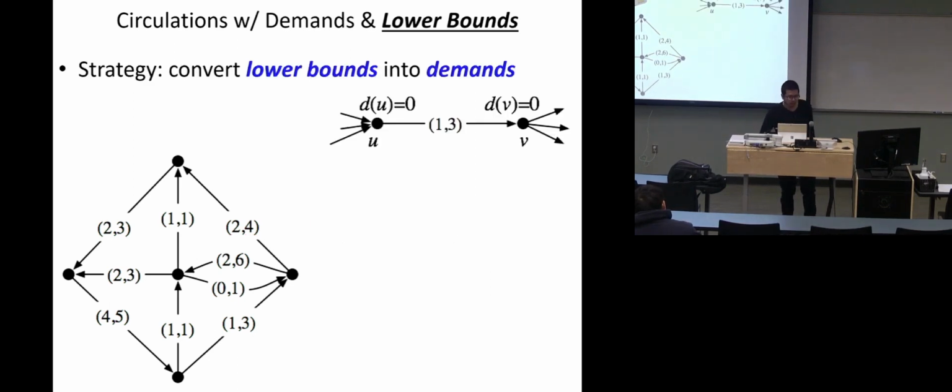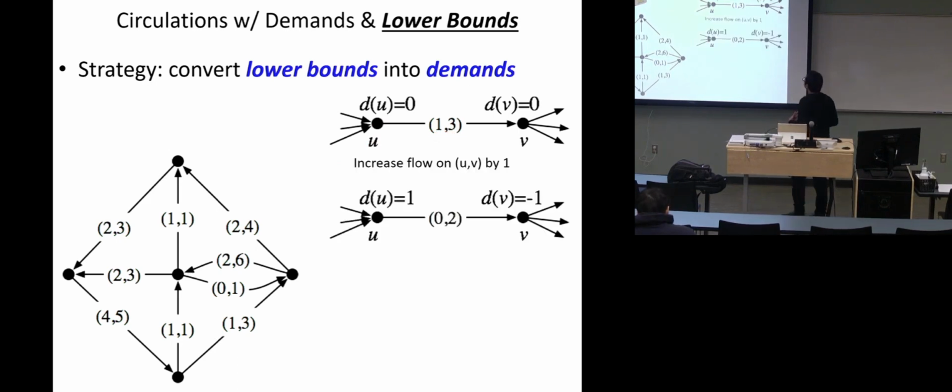The strategy is to convert the lower bounds to demands. Imagine you have this edge, and it says that you need to flow one unit through this edge.